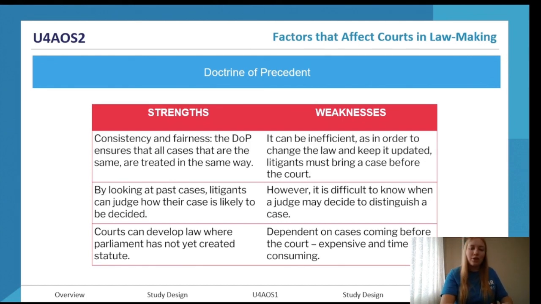It is also difficult to know when a judge may decide to distinguish a case, and this is where the judge will essentially say, this case is different. It has different circumstances, slightly or a lot, to the circumstances in which the doctrine of precedent was developed for that case.